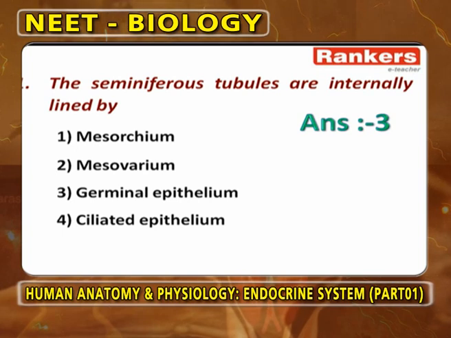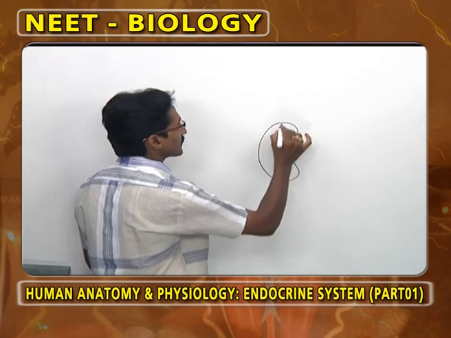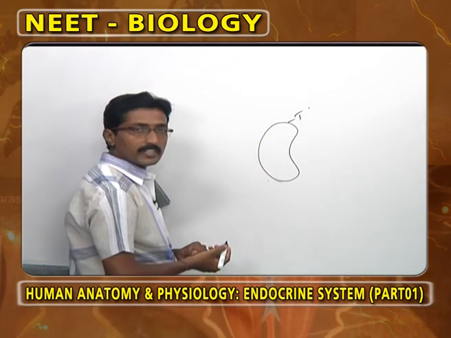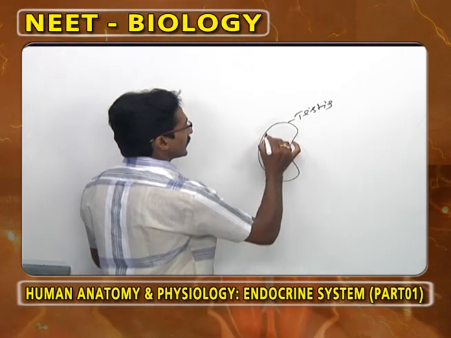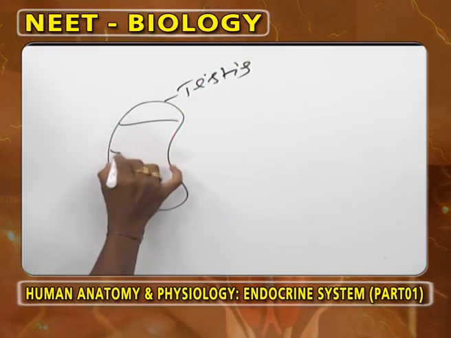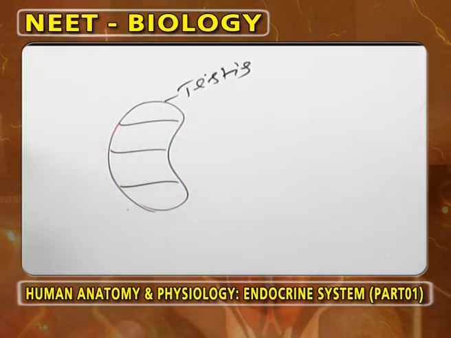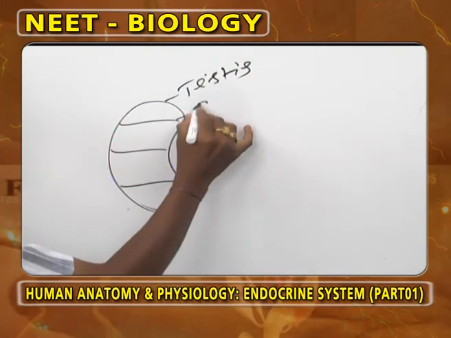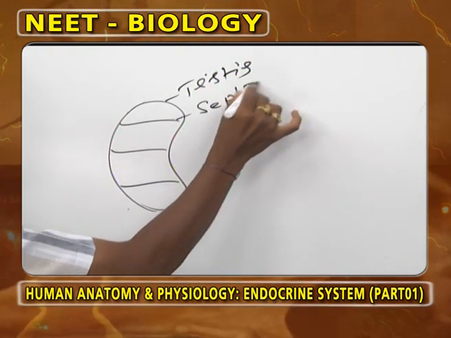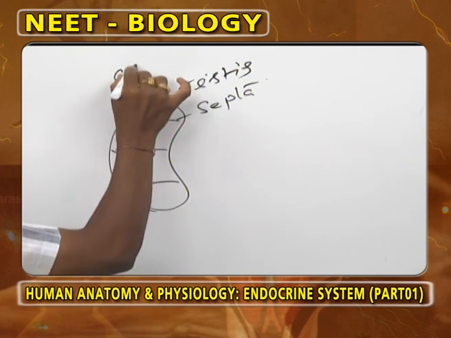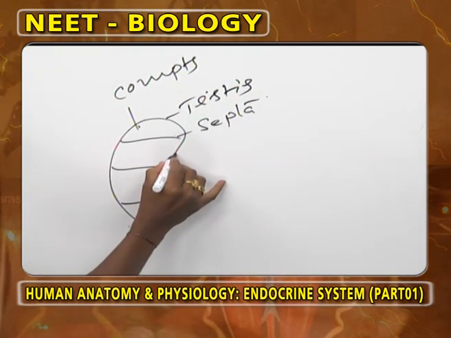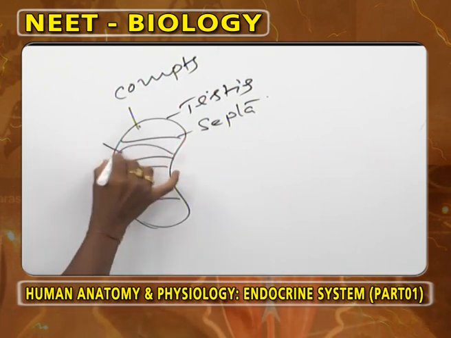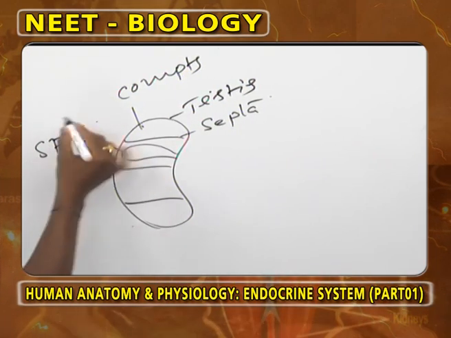This part we call the testes. As we observe, the testes are divided into a number of compartments. These are called septa, and these are the compartments. In each compartment, what is present? The seminiferous tubule.